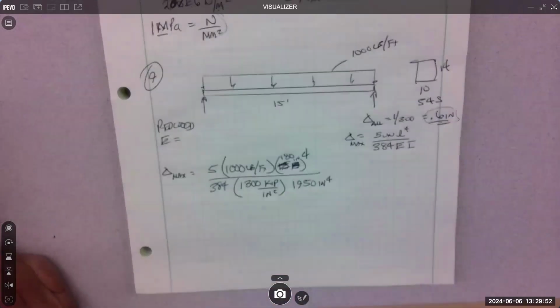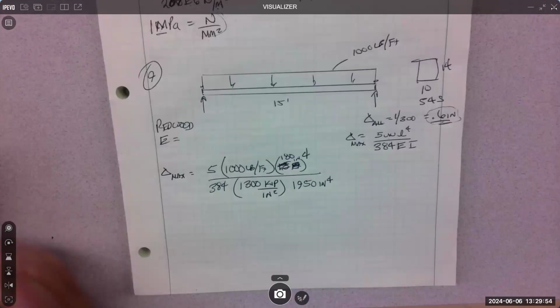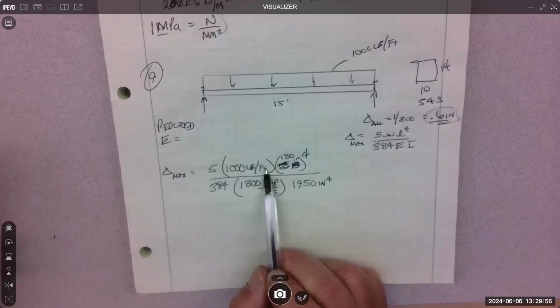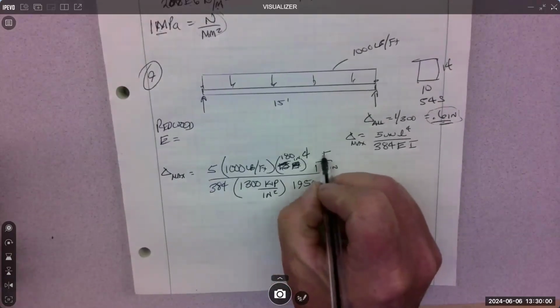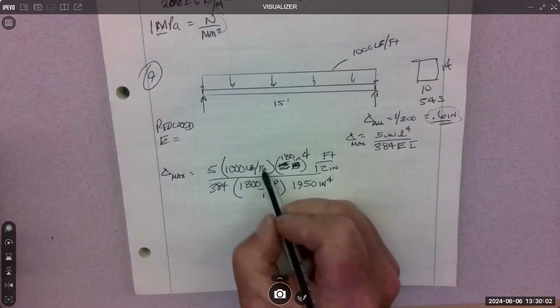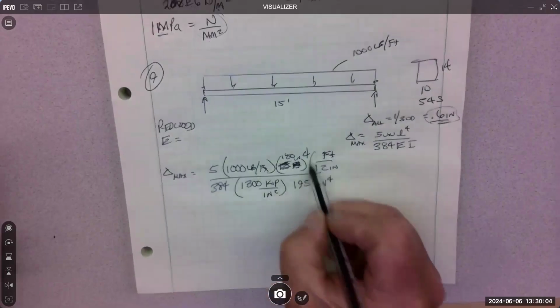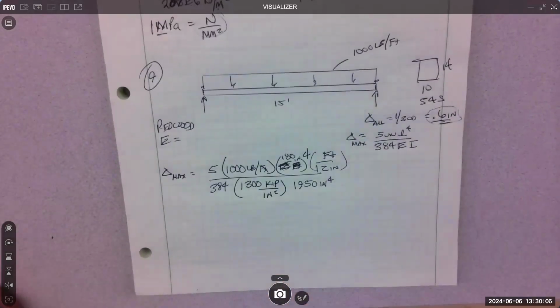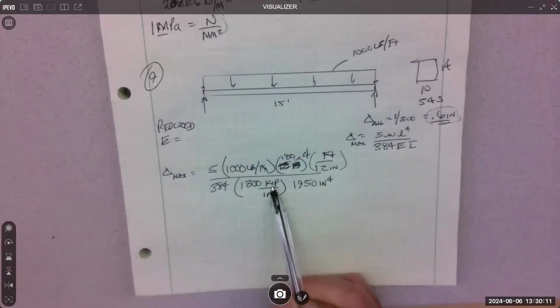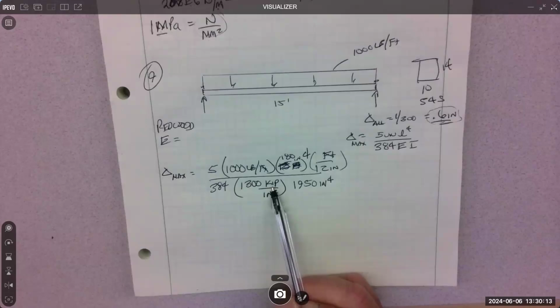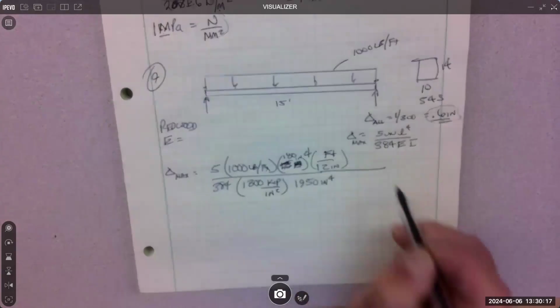That's a pretty easy move. Then I need to get this foot out of there, and I know that there's 12 inches per foot, so I'll write it that way so it crosses. Now I have pounds and kips down below, so I gotta get rid of one, so I'll get rid of the kip.